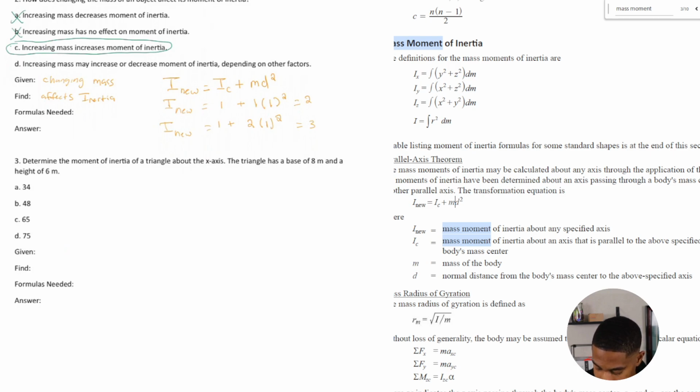We're given that it is a triangle. We're also given that we're taking the moment of inertia about the x-axis. And given the base and height, we want to find inertia.